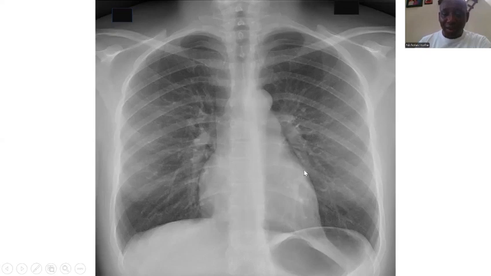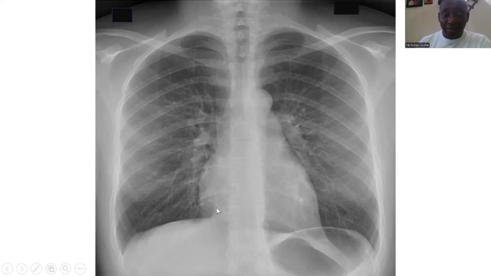On the cardiac shadow, you have the left border of the heart, which is made up of the left ventricle and the left atrial appendage, which is a little bit difficult to see here. While the right side of the heart is made up of the right atrium.